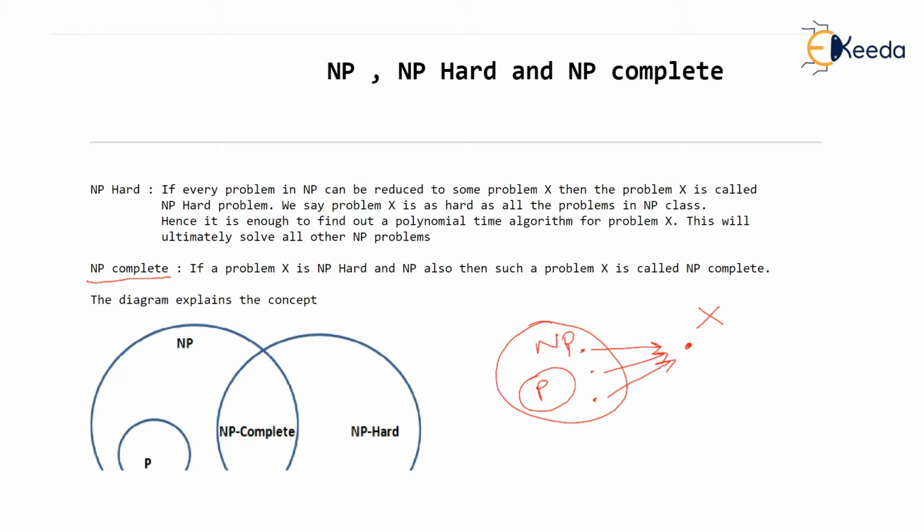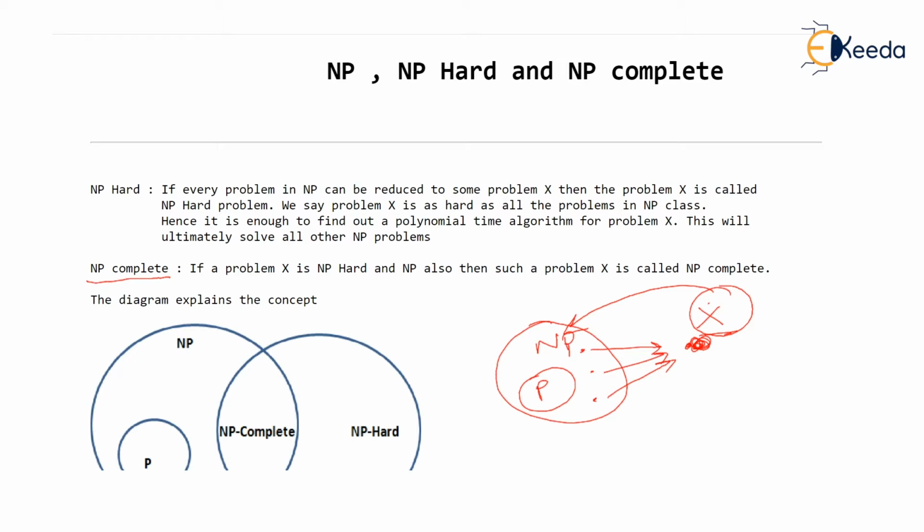If all the problems are reducible to X, then we said X is NP hard. Now imagine this problem X is NP. We know that this X, which I have drawn the dot outside, we didn't know this. Where does this problem belong? If this problem X is also a member of NP class, then this problem X is called NP complete.